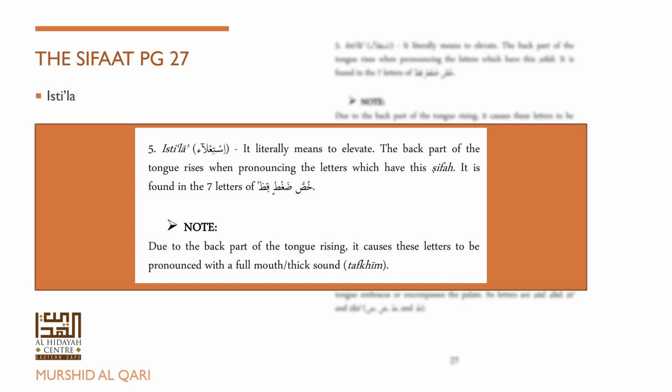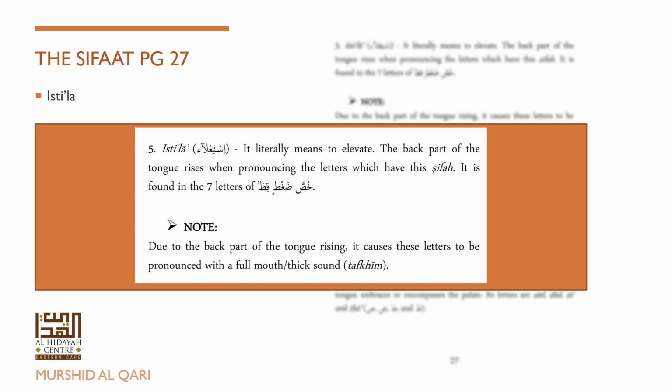especially the kha and the ghain, it shouldn't be empty like khi or ri, but rather the back portion of the tongue needs to rise up when pronouncing these letters, even if it has a kasra. So khi, and ri.